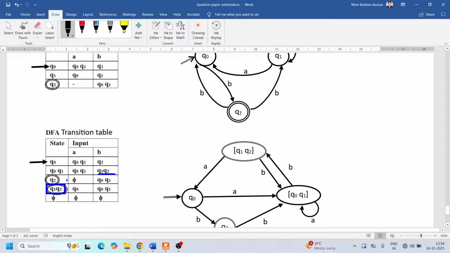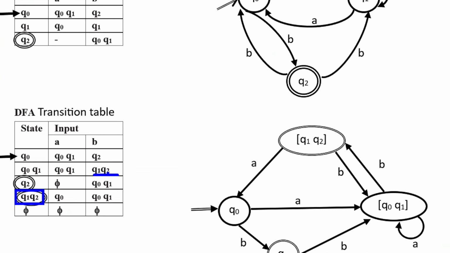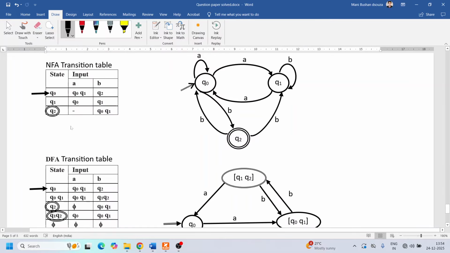Now you have to look at the previous table and identify q1 and q2. Remember, this is the place you are going to use. For q1 q2, if the transition is A, you get q0, and for q2 the transition is a dead state, leave it as blank. So if you make the union, it's going to be q1.